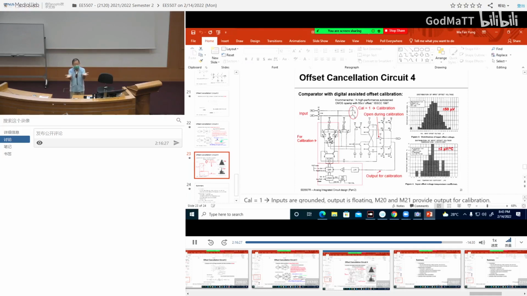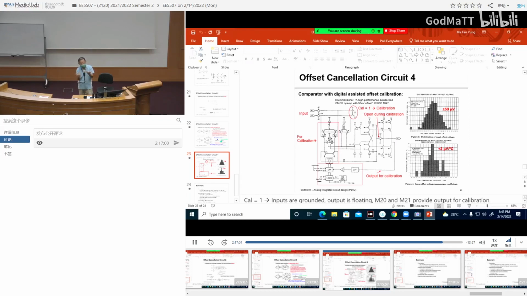Offset is defined to be: what is the input difference when the current is balanced. So for the input pair, offset is defined to be: if I balance the two currents, what is the difference in the input voltages? So one way to correct it is now I don't balance the two currents. I imbalance the two currents and make the input voltage the same.